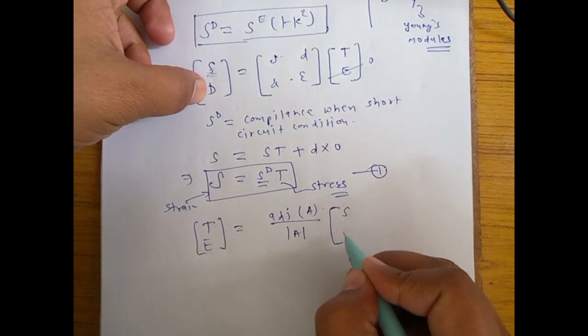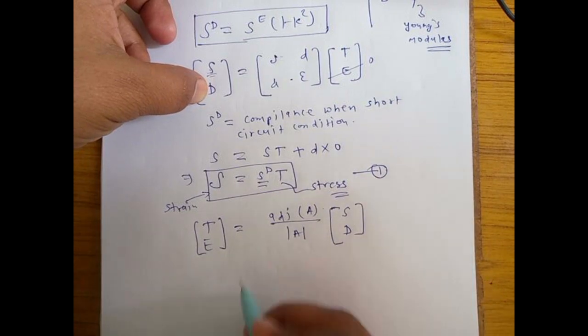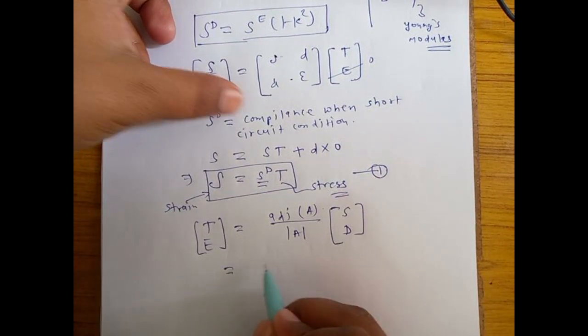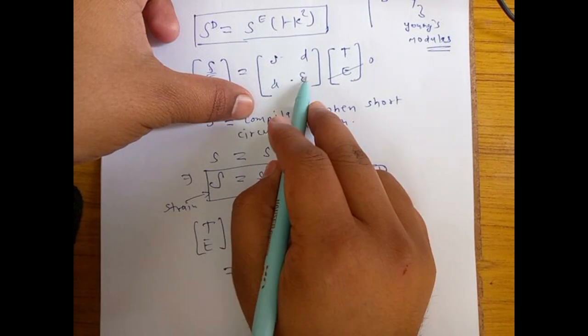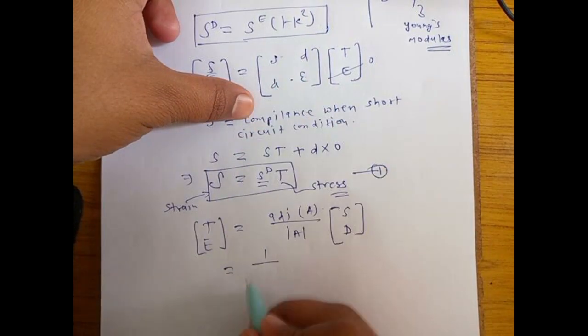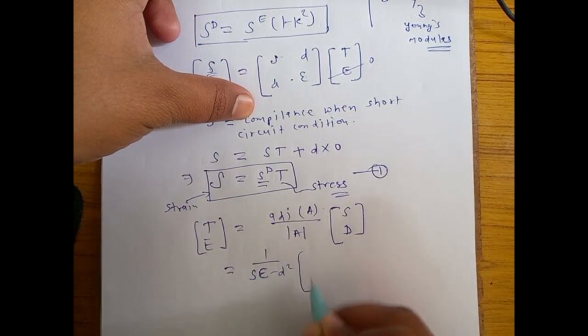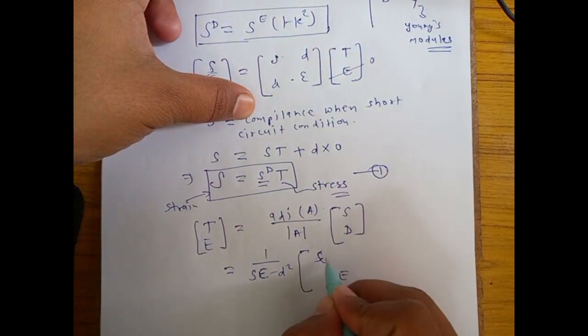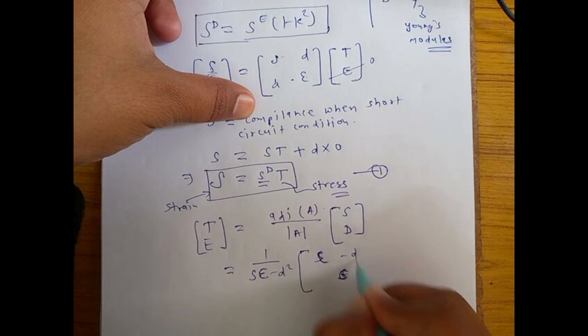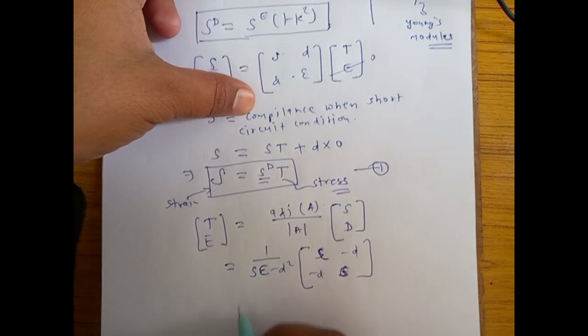Here strain and electric displacement, so this will become the following. The determinant is nothing but s multiplied by epsilon minus d square, and the inverse has the diagonal entries swapped and the sign of the off-diagonal entries changed.